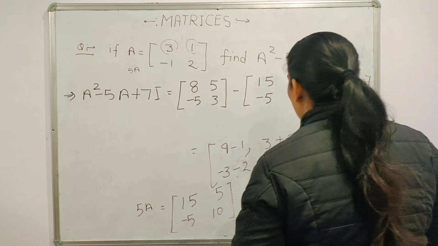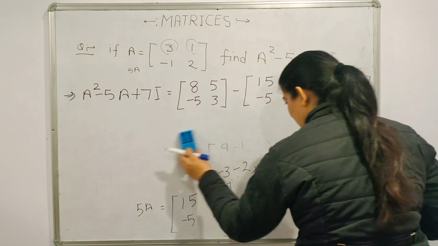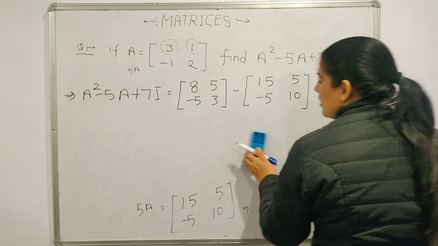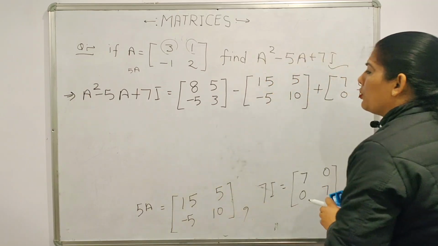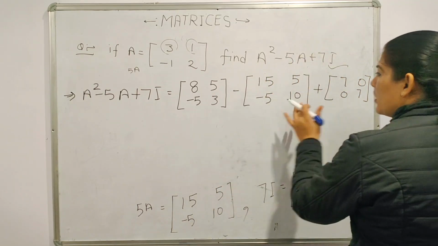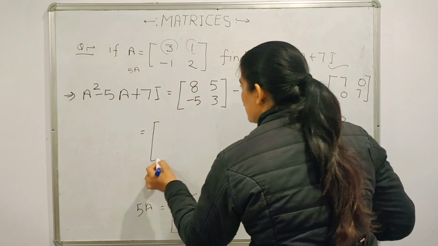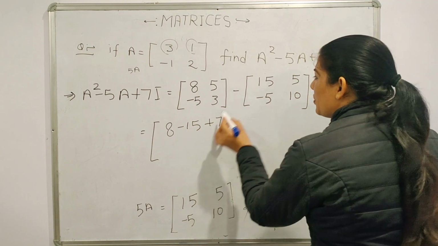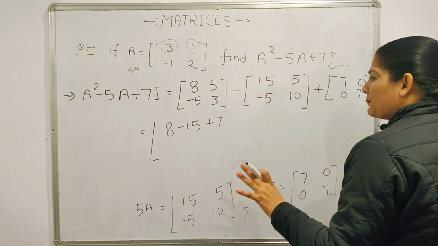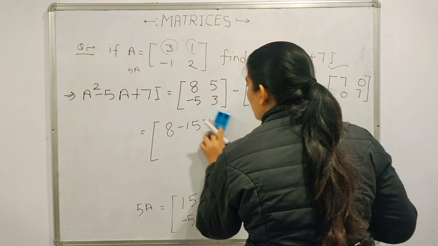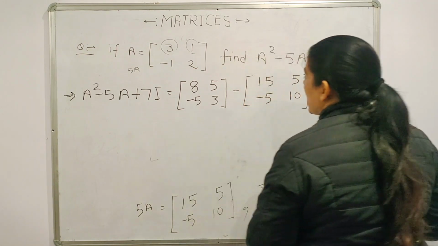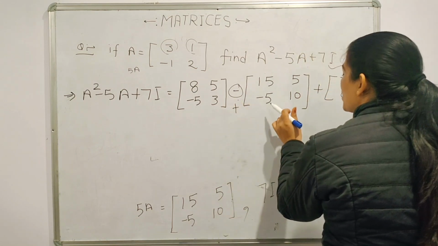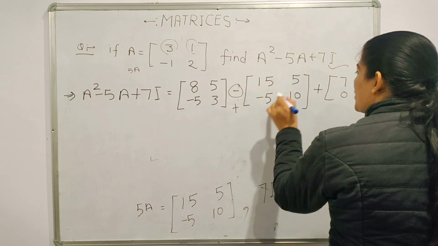Now here this minus sign makes a difference. You can do this as 8 minus 15 plus 7. You can consider this sign with this, or you can convert this minus sign into plus, but you have to change the sign of each element.